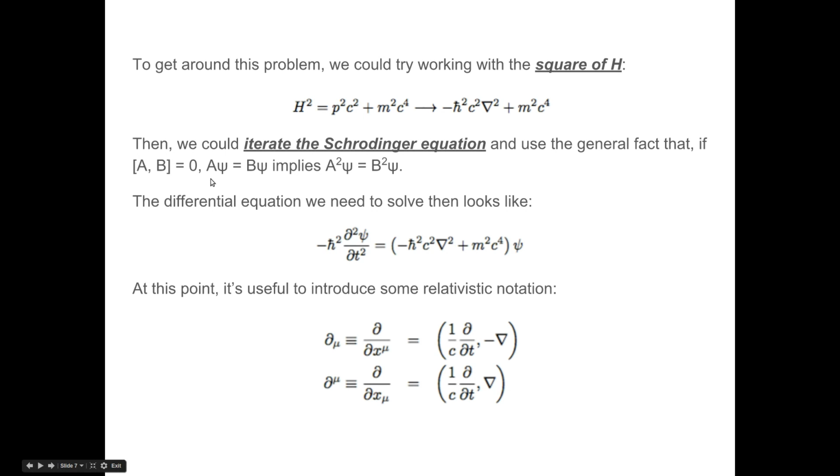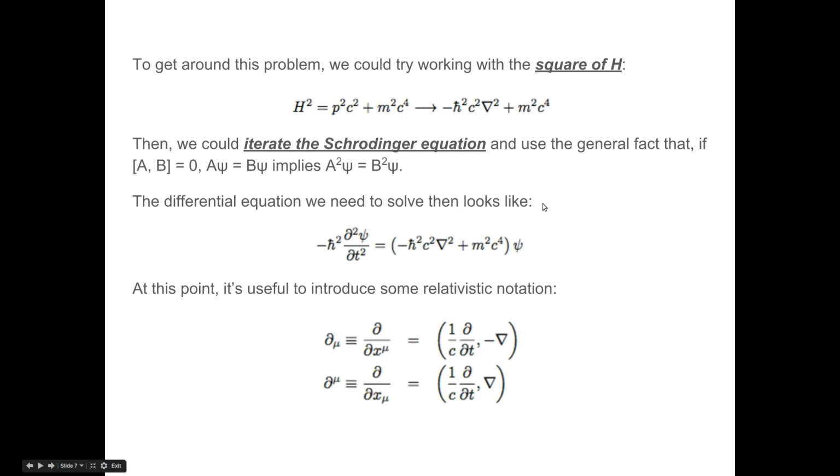If those two commute, and you know that these two operators satisfy this equation, where A psi equals B psi, the fact that they commute tells you that you can do this iteration. So you can write down the equation where A squared operating on psi equals B squared psi. That's basically what we're doing.